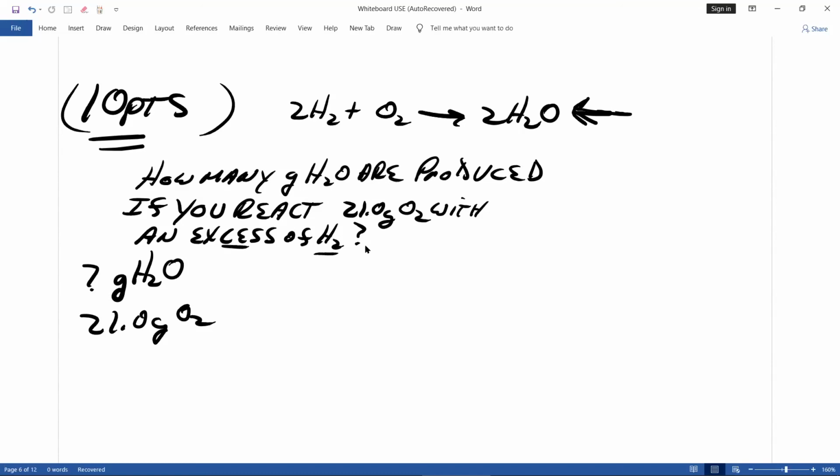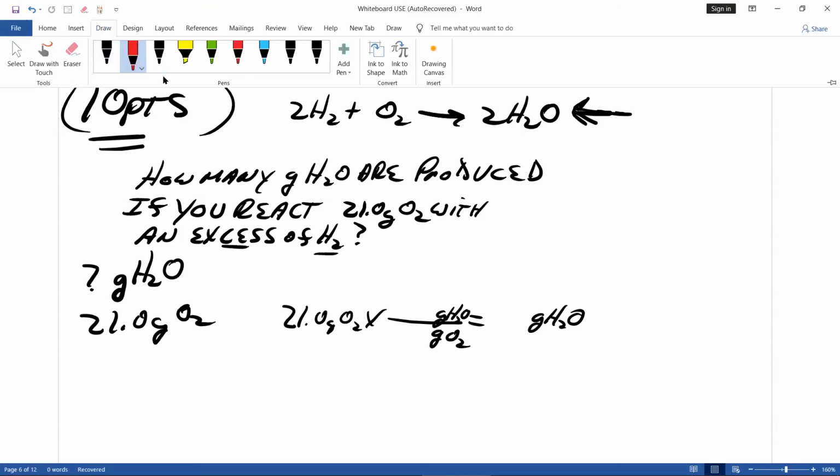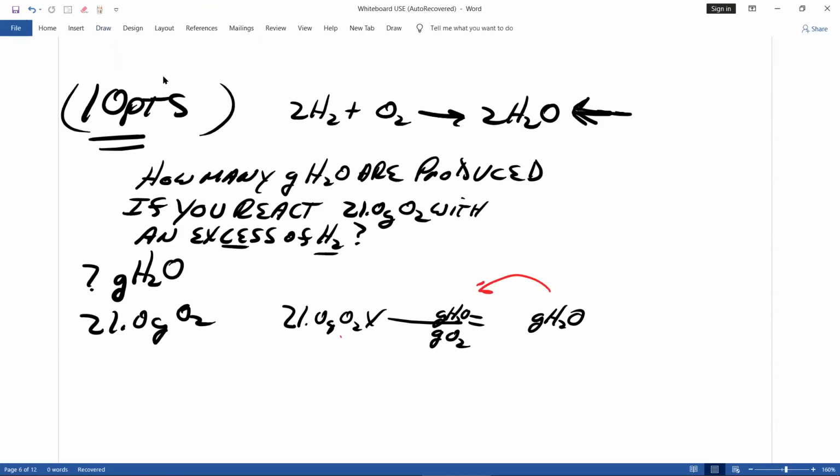Now, if I were to use unit analysis, starting with 21.0 grams of oxygen, if I have a conversion factor, I want to get to grams of water, I'll put my grams of water on top and my grams of oxygen on bottom, because my good friend, unit analysis, showed me to do that.